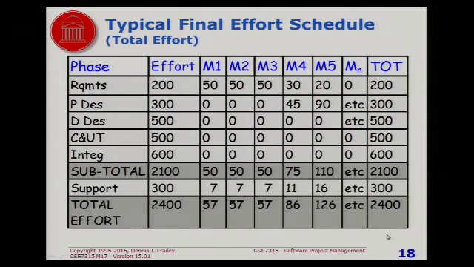Okay, now what this says is that my total effort is 2,400 staff days. And it's 57 staff days in the first month, 57 in the second month, etc. Now remember when I said the average company assumes 19 staff days per month? So you divide each of these numbers by 19 to get how many people you need.